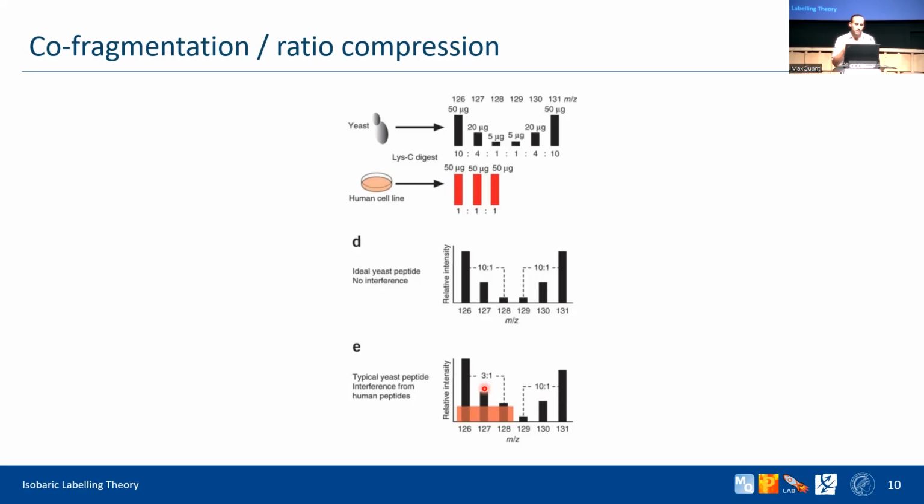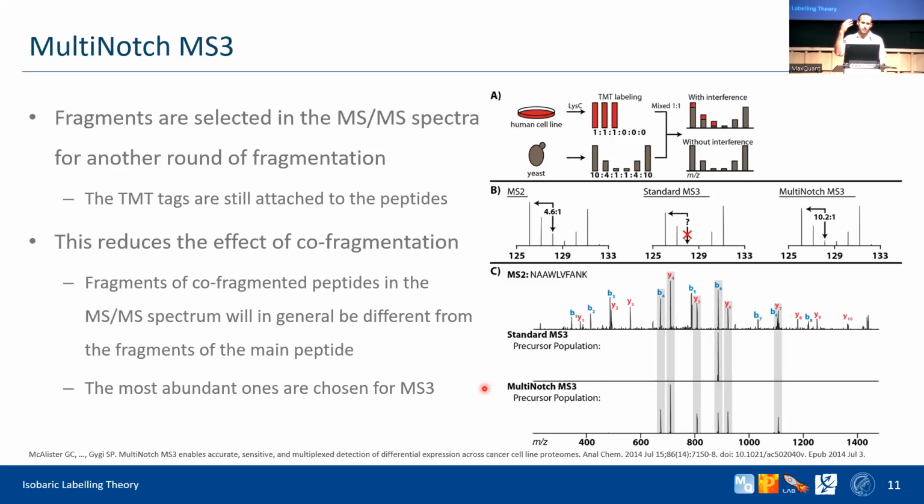Another way to get rid of this problem is to go to MS3. So in this approach, fragments from the MSMS spectra are chosen for another round of fragmentation, which would give you a different spectra.